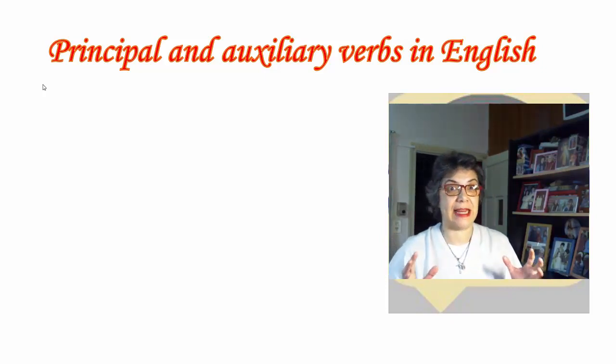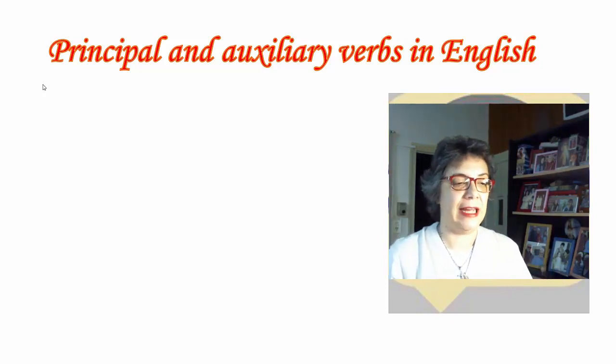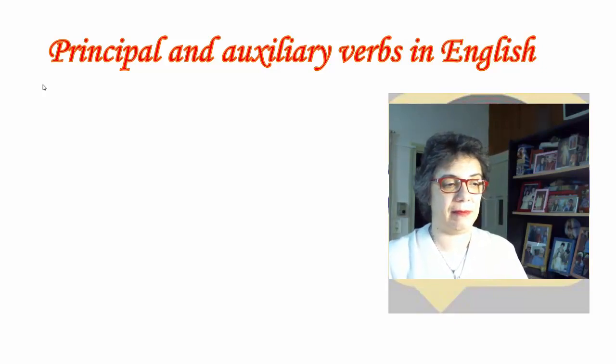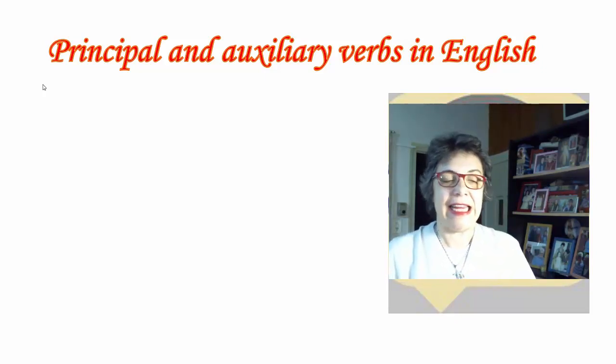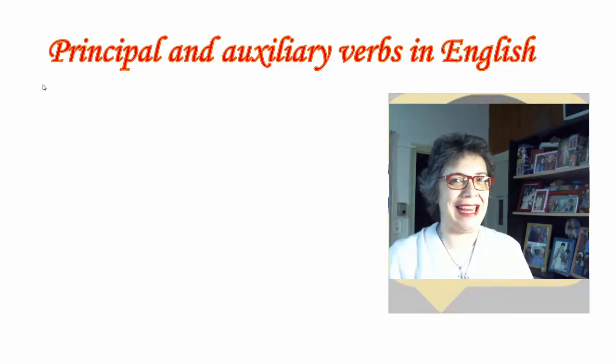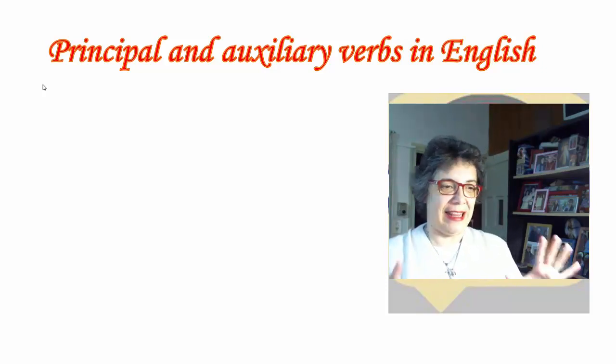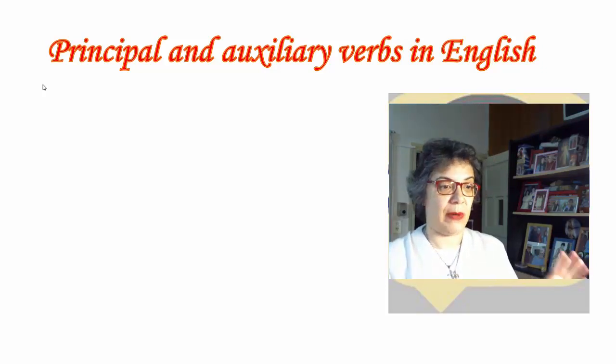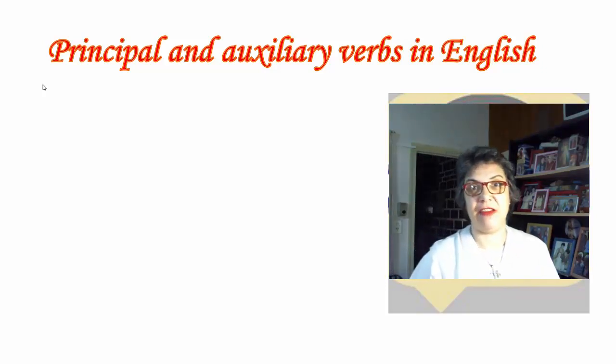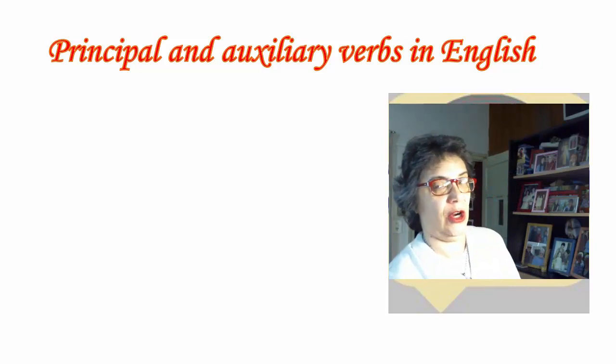So perhaps I can help you with this video. And I will see if I can explain this as simply as possible. So, this is our topic now, principal and auxiliary verbs in English.